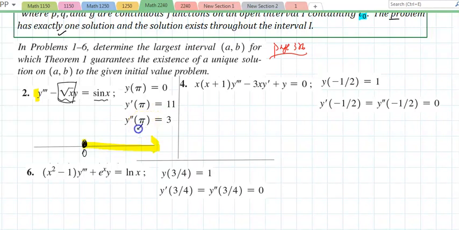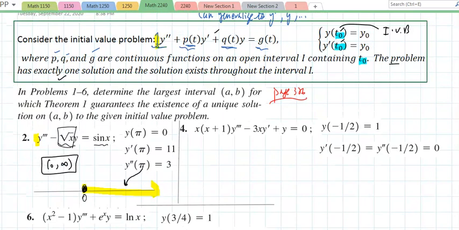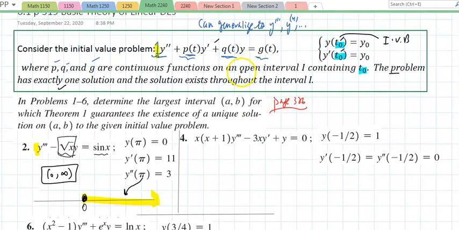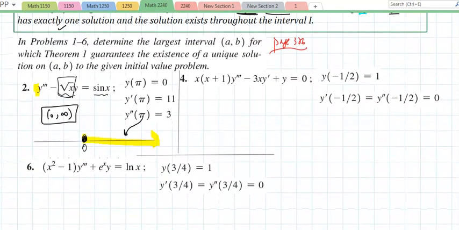And since pi is in there, the biggest interval I can get is 0 to infinity. Now, how come I didn't include 0? Open interval.